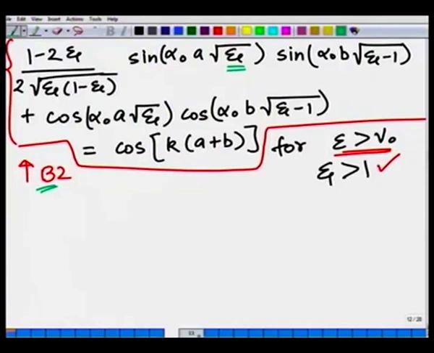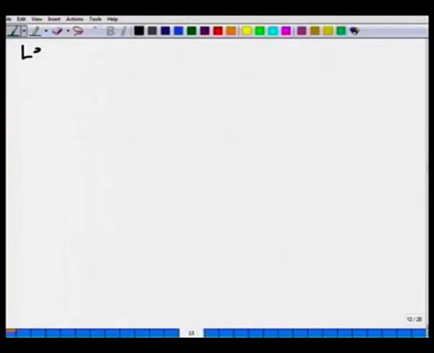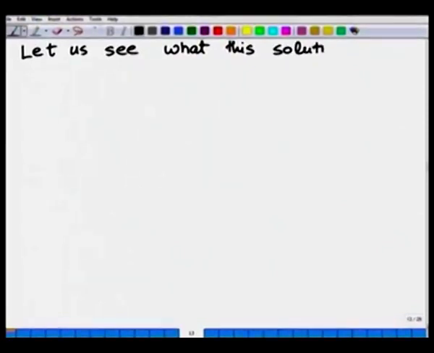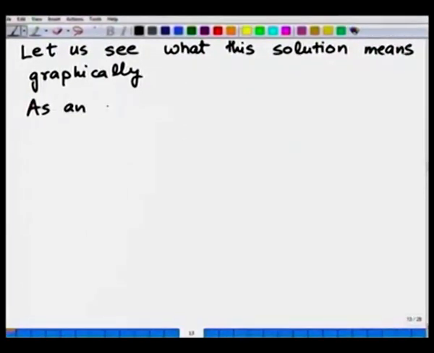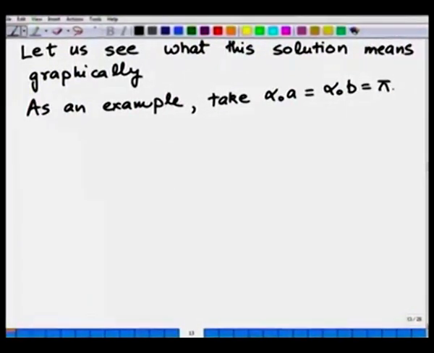So, let us do that. Let us see what this solution means graphically. As an example, take alpha naught A equal to alpha naught B equal to pi.